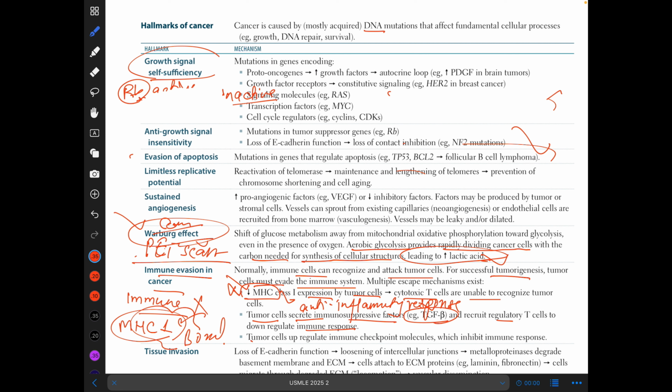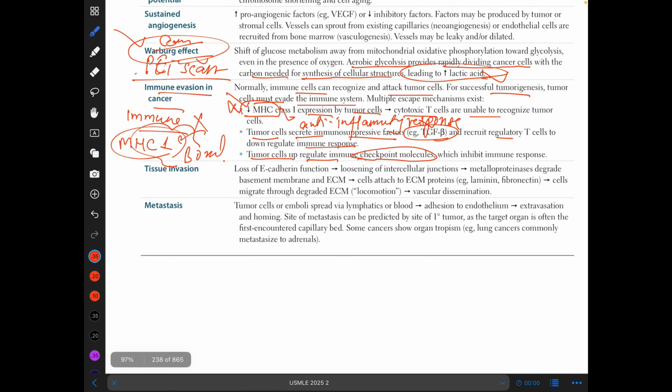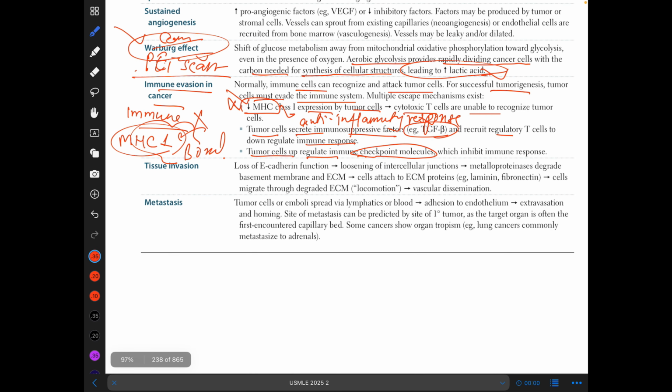The third thing is that the tumor cell expresses immune checkpoint molecules, which inhibit the immune response. This is an important thing. First, you have to know what immune checkpoint molecules are. Immune checkpoint molecules are proteins that regulate the immune system, preventing it from attacking normal cells and tissues.